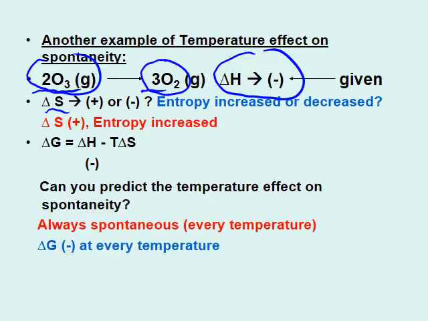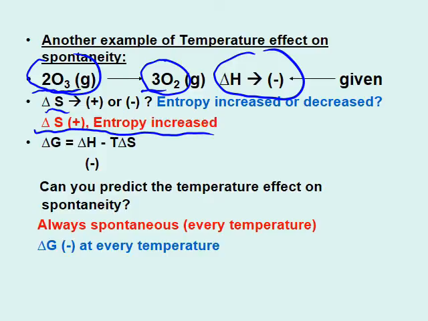Remember, we discussed before, in a given volume, when the number of moles is increased, entropy is increased. So you'd have 3 moles of O2 at the end and 2 moles of O3 at the beginning. So final is greater than initial, so it's going to be positive. That's why delta S is positive and entropy is increased.